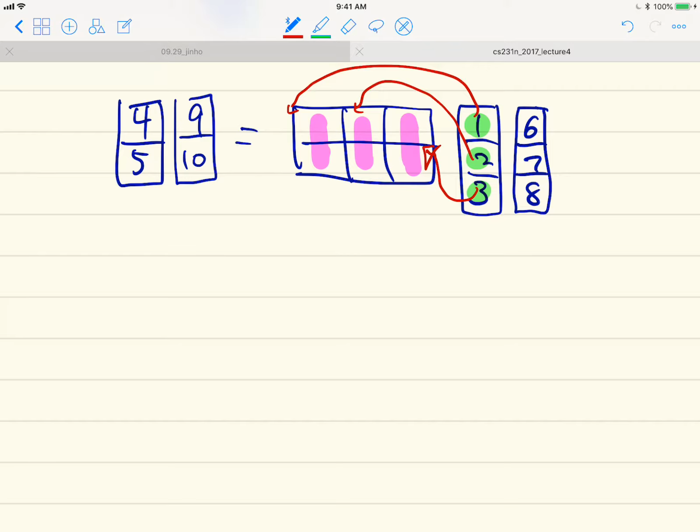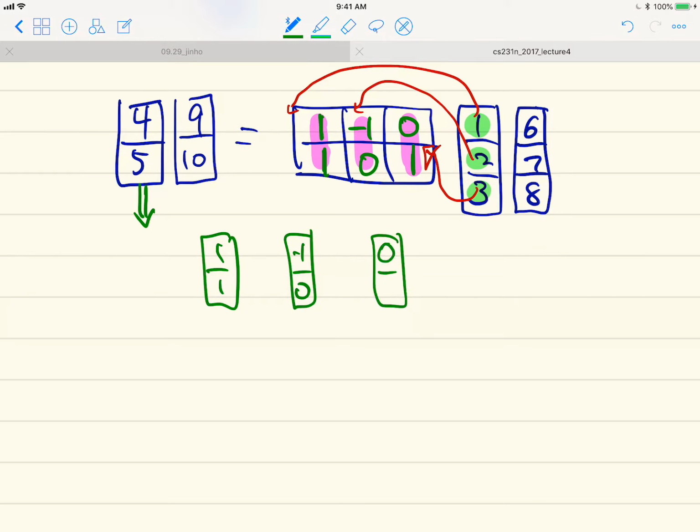So maybe let me just give an example of maybe 1, 1, -1 and 0, and 0 and 1. It's a hypothetical example, but this 1, 1 and -1 and 0 and 0 and 1 times 1 and 2 times and 3 times, and then we add them together, right?